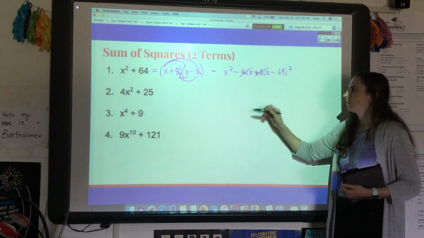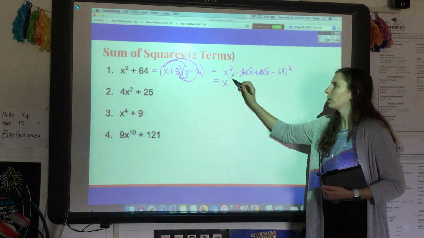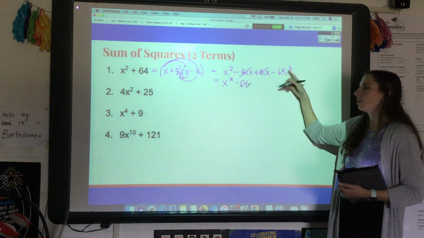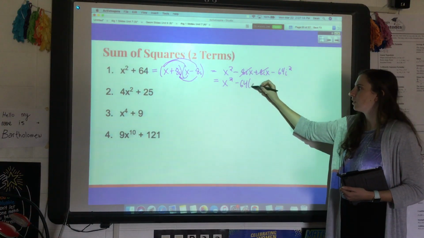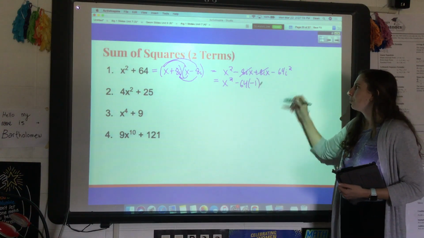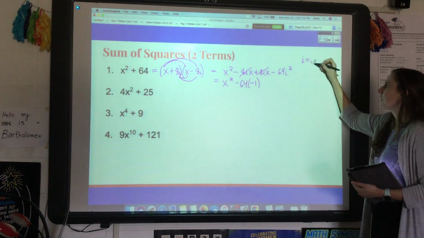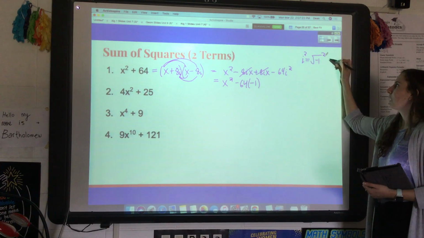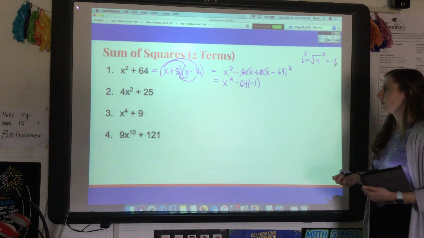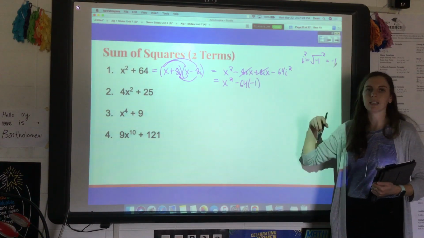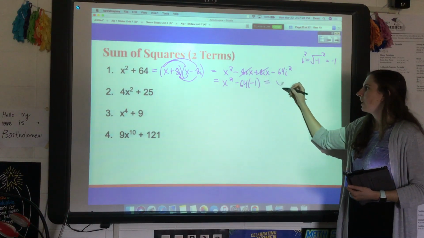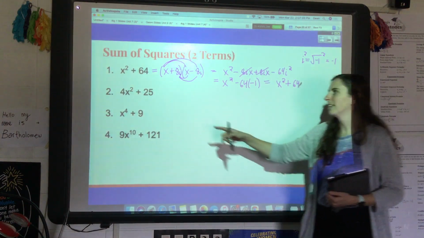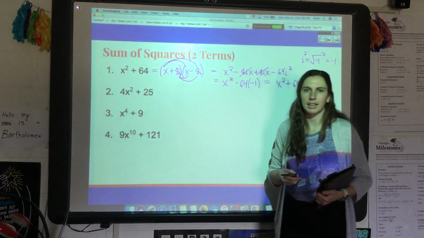So these cancel, and that leaves me with x squared minus 64i squared, but remember i squared is actually negative 1, because i is the square root of negative 1, so if you square it, it becomes just plain old negative 1. So if I replace that i squared with negative 1, this becomes x squared plus 64. And that's how you get the plus there.